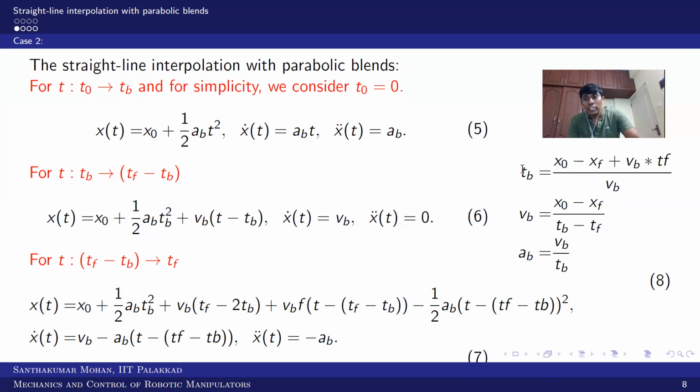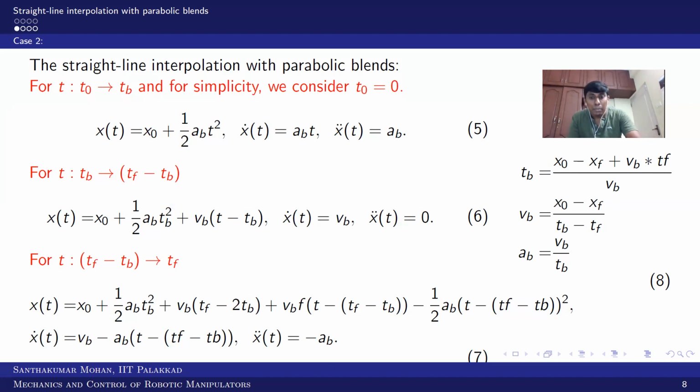So you can see 1 minus TF into TB would be there, which is equivalent to X naught minus XF. So TB is X naught minus XF whole divided by 1 minus TF.